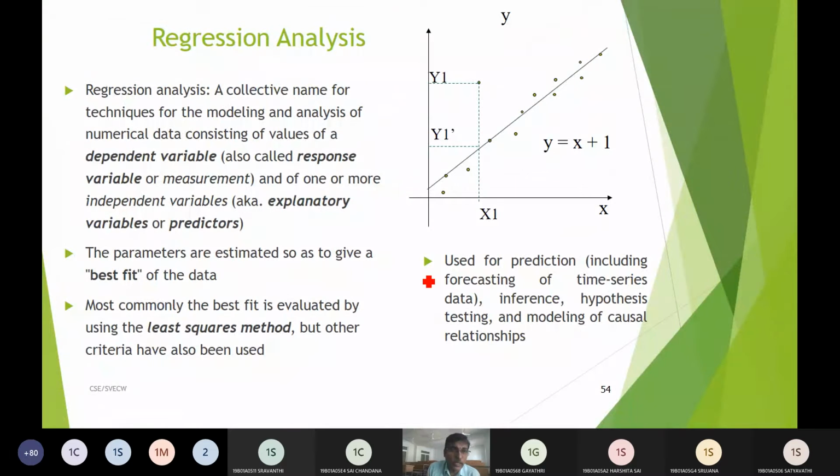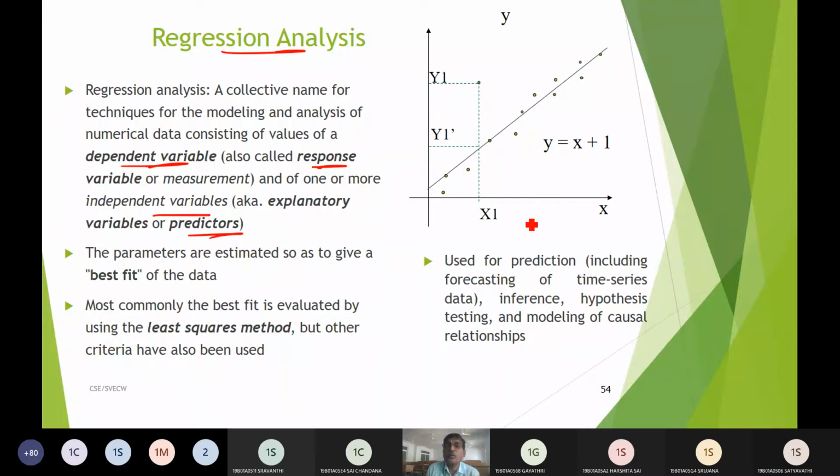So this is what we are talking about, the first word called linear analysis, regression analysis. In this regression analysis, we have the word called response variable, which is going to be called the dependent variable. And the remaining elements we are going to assume to be the independent variables, or we are going to call them predictor variables.